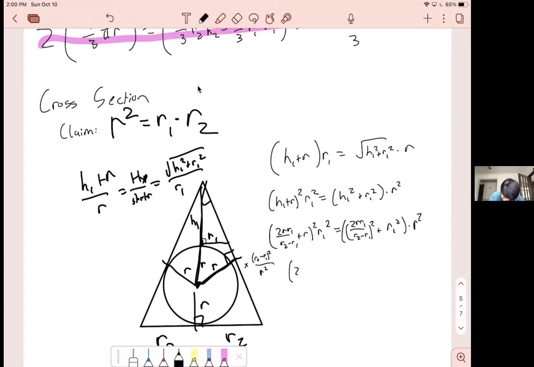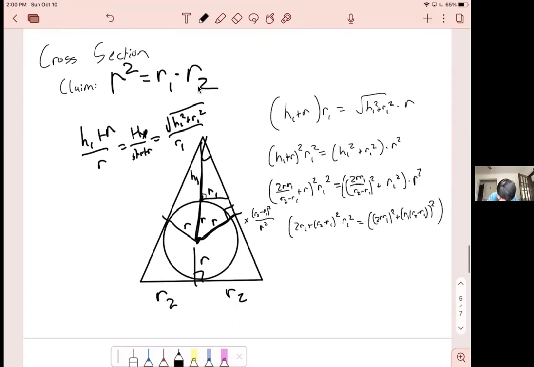So then this gives you (2R1 plus (R2 minus R1) squared) R1 squared equals 4R1 squared plus, and then on the right side, this is equal to 2R1 squared plus R1 times (R2 minus R1) squared.